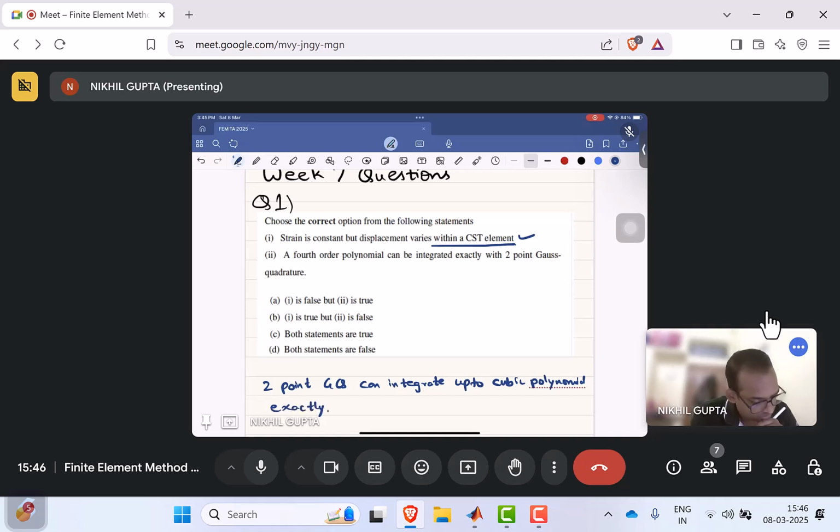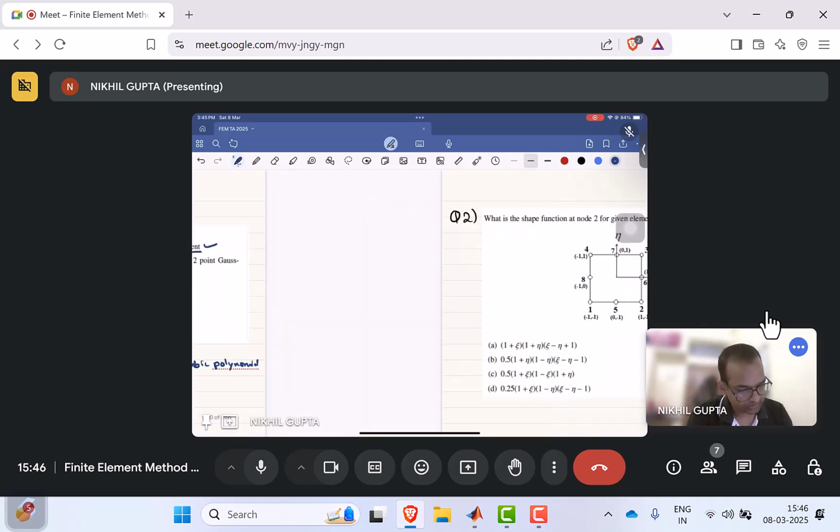So it is written fourth order polynomial, so this is not correct. So the 1 is correct and 2 is false, so the answer is B.